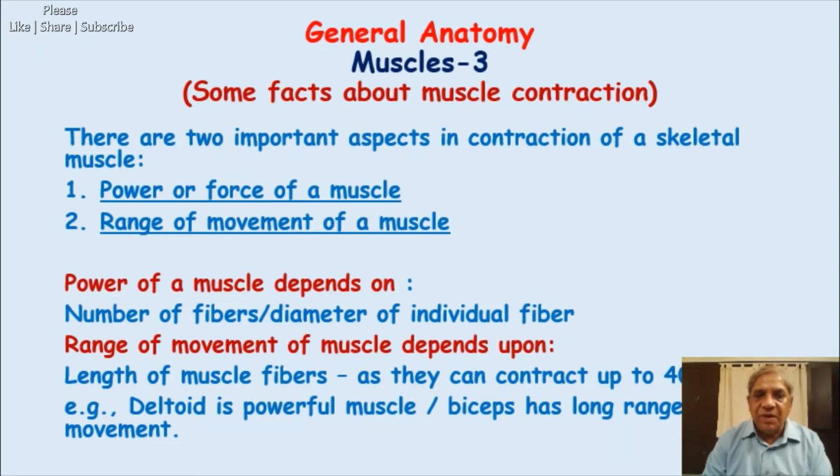Let us come to the power of a muscle. The power of a muscle depends on the number of fibers in a muscle, and number two, it also depends on the diameter of the individual fiber. That means if the number of fibers is more in a muscle, and if these fibers are thick, or their diameter is more, then the muscle will be a powerful muscle.